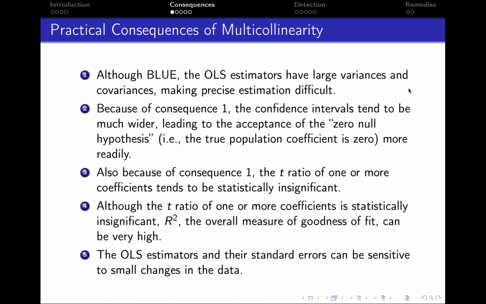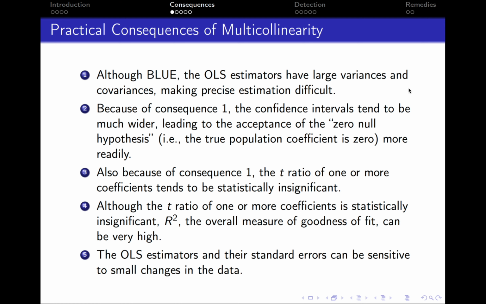In other words, even though the OLS estimators still possess their desirable properties, because of large variances and covariances, it is very difficult to have precise estimates. So your estimates will actually not be the way they should be.